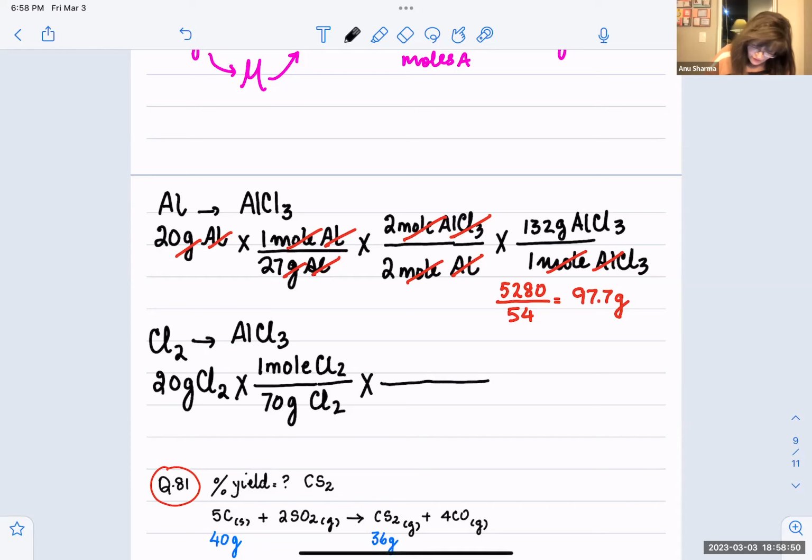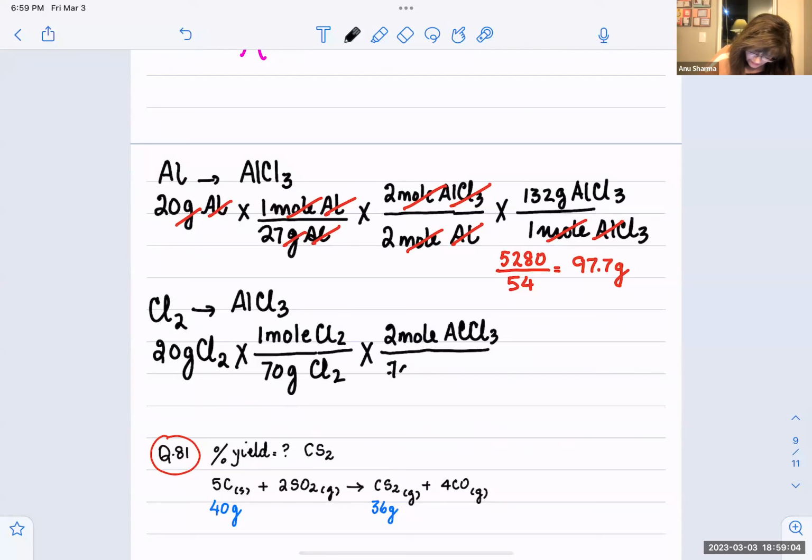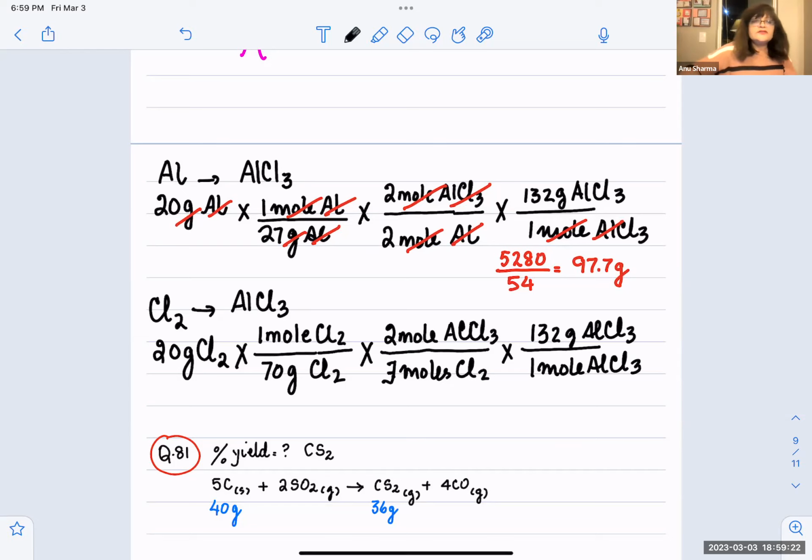So we see that 2 moles of AlCl3 are produced when, sorry, how much was that? 3 moles of Cl2 react. Okay, and next is 1 mole of AlCl3 here, and you have 132 grams of AlCl3. Okay, let's do the math.